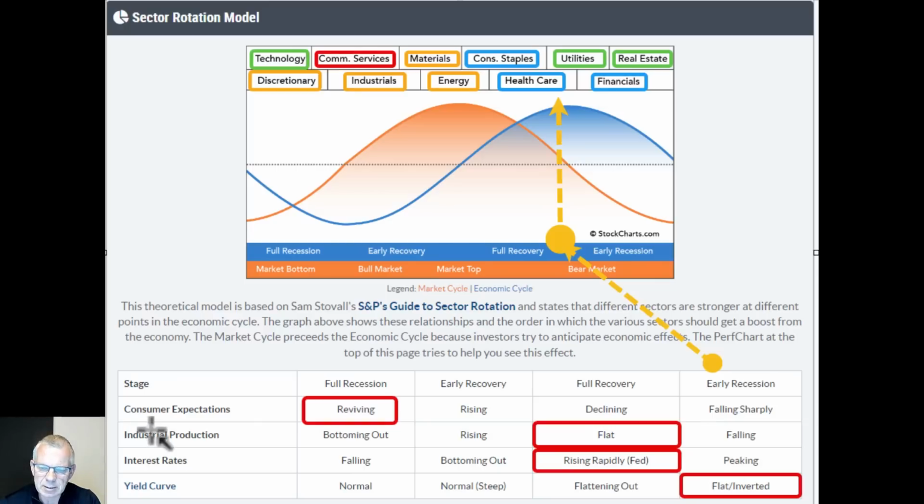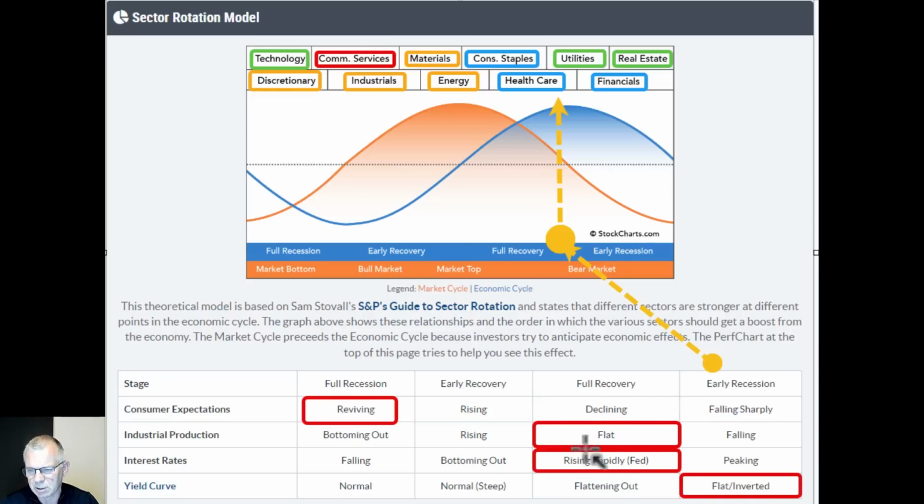As I said, consumer expectations, full recession; industrial production, full recovery; interest rates, full recovery; yield curve, early recession. So taking the average of those four readings, my educated guess would put this in the early recession.